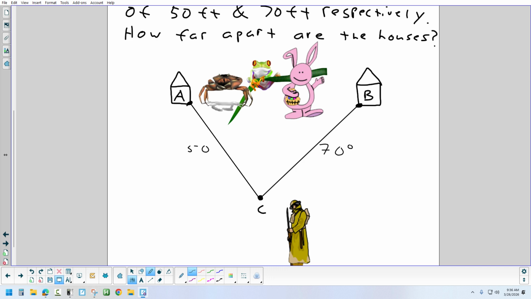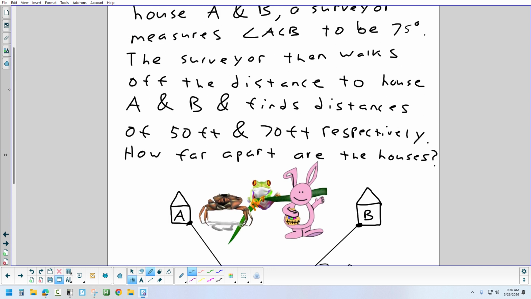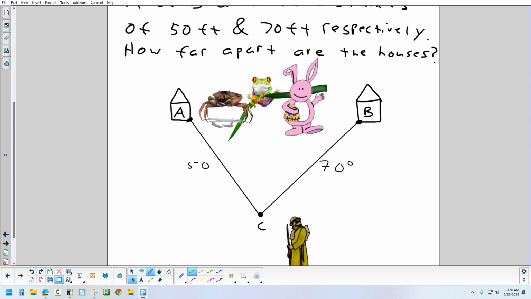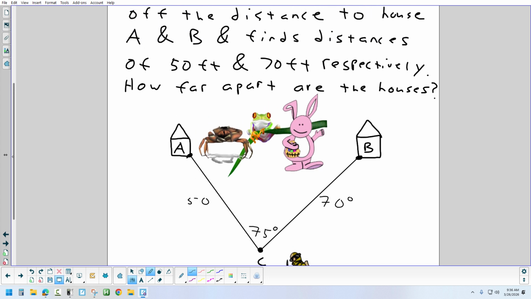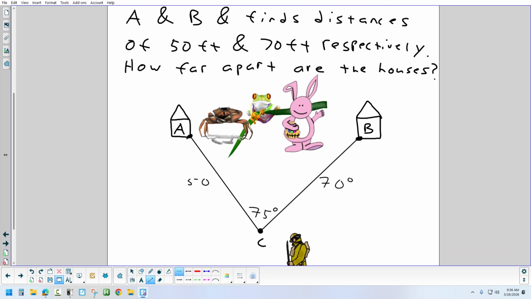And the one other number is 75 degrees, angle ACB. So the goal is to find how far apart the two houses are.